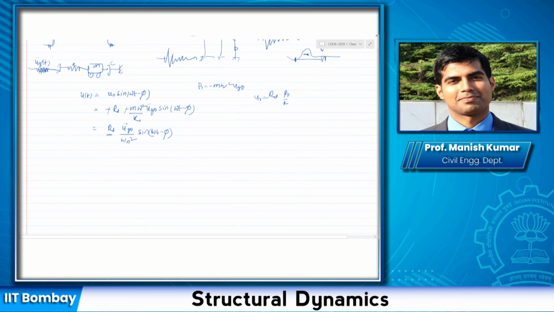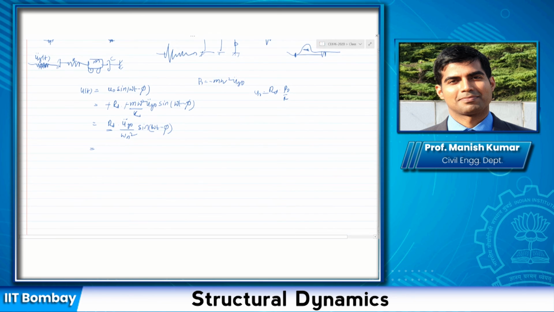So the acceleration, let me first combine it like this. I will write it as minus Rd, the negative sign I have taken here, omega n square.